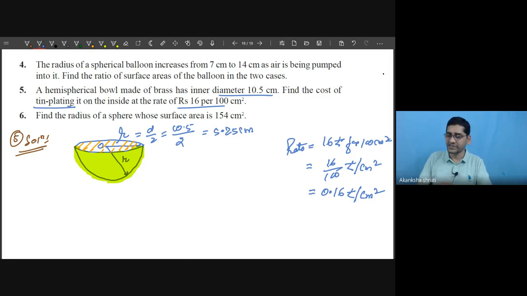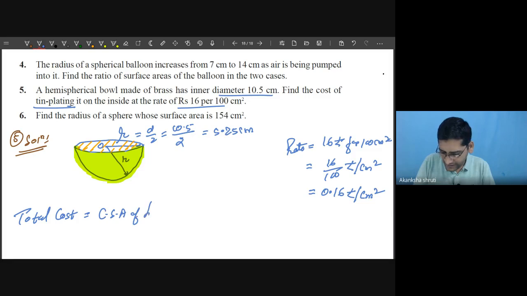So the total cost is the CSA of the hemisphere multiplied by the rate. This will be the final formula.